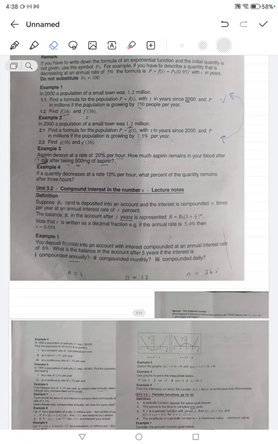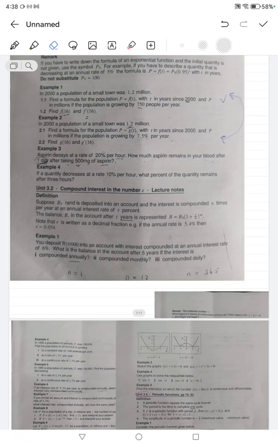Then they say you deposit 10,000 into an account with interest compounded at an annual interest rate of 6%. Then what is the balance in the account after 5 years?